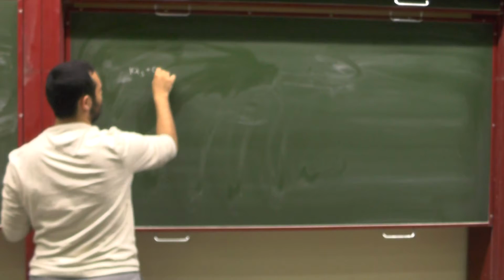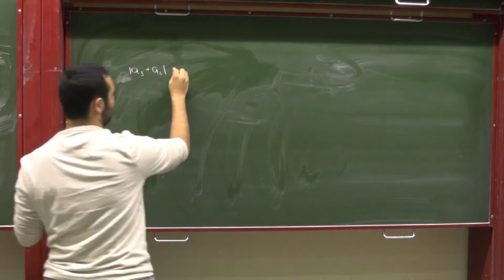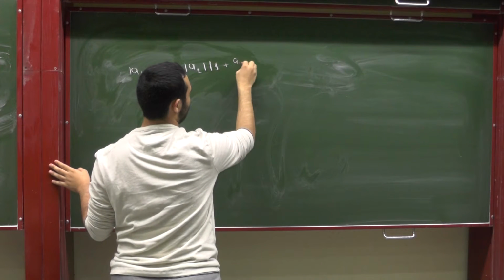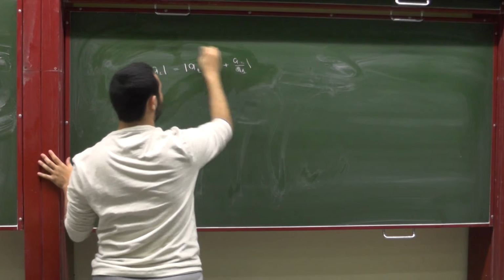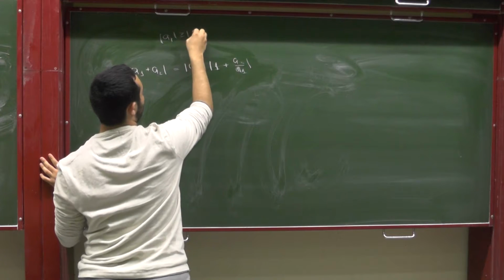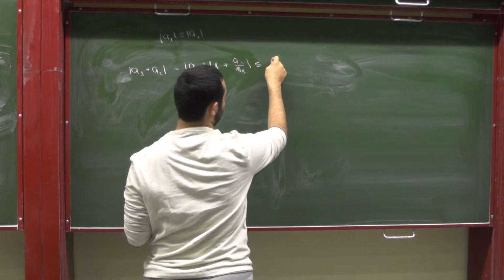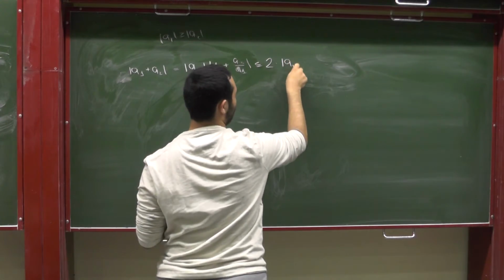Let me notice that if I make this, then I can put a1 out. Say that the absolute value of a1 is the largest. So this is bounded by this constant 2 times |a1|.